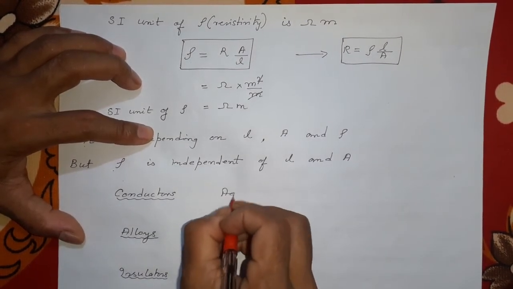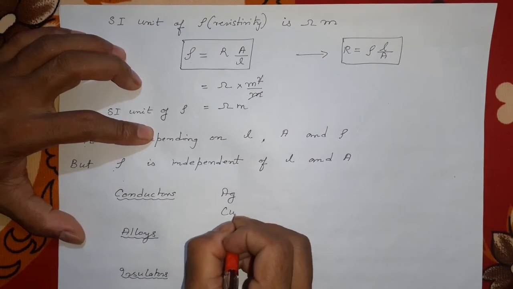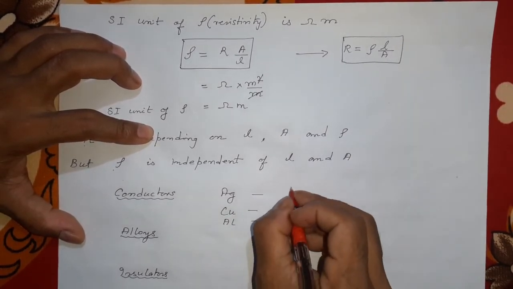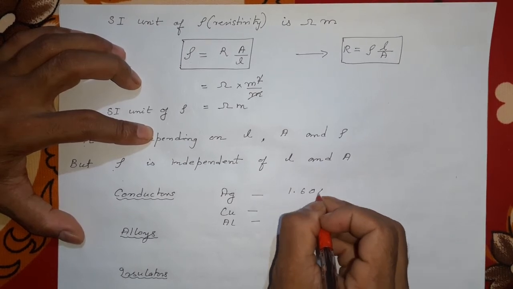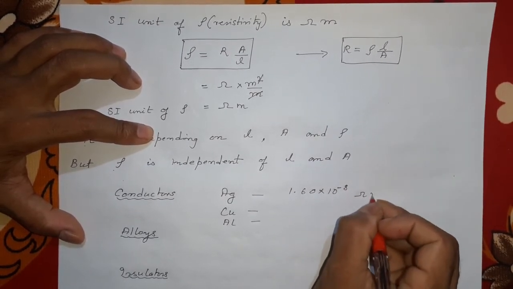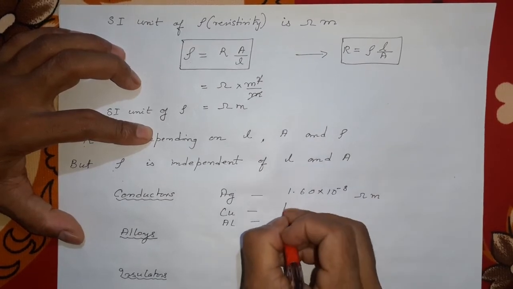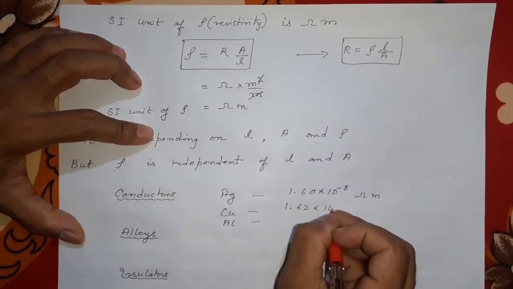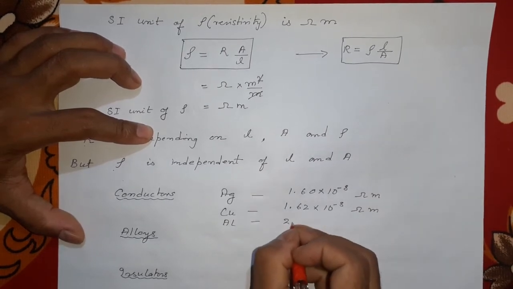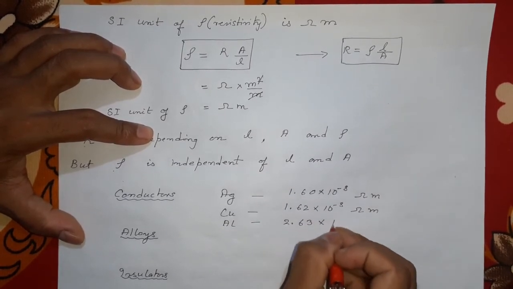I am writing some, like silver, copper, aluminium. Silver has 1.60 into 10 to the power minus 8 ohm meter, very less. Can you see? Copper has 1.62 into 10 to the power minus 8 ohm meter, almost similar. Aluminium is 2.63 into 10 to the power minus 8.